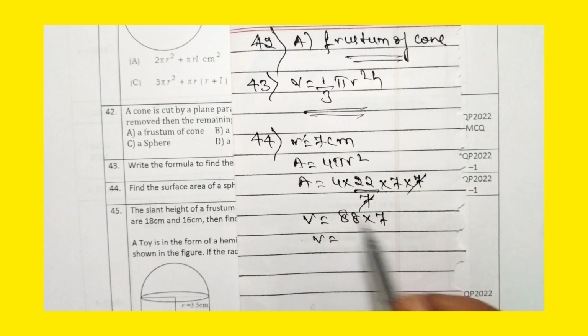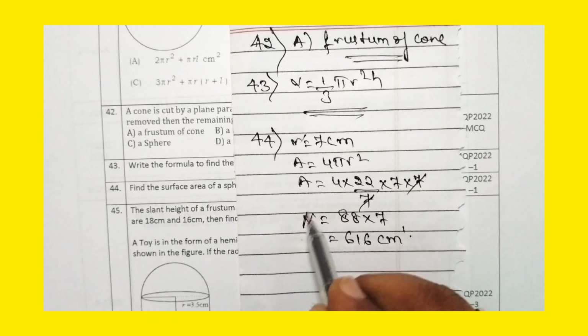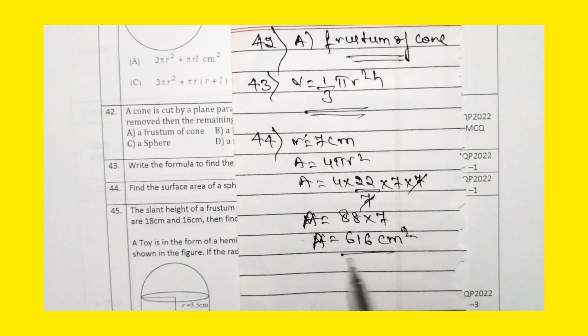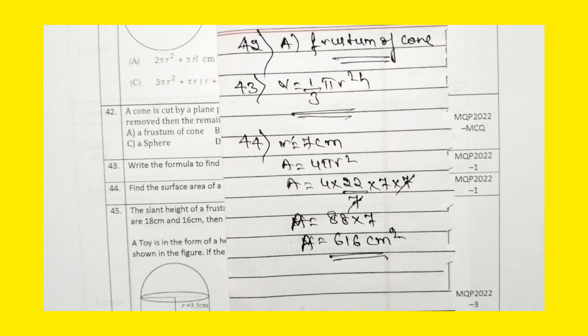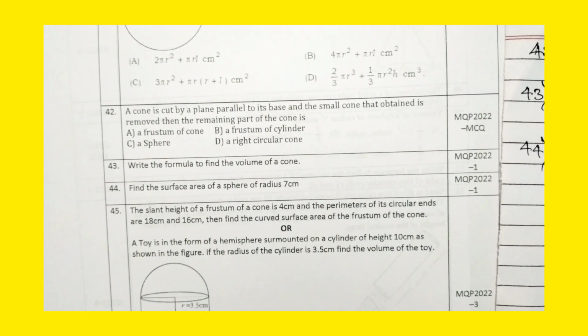If you multiply these two, we will get 616 centimeter square. This is the surface area of the sphere, that is 616 centimeter square.